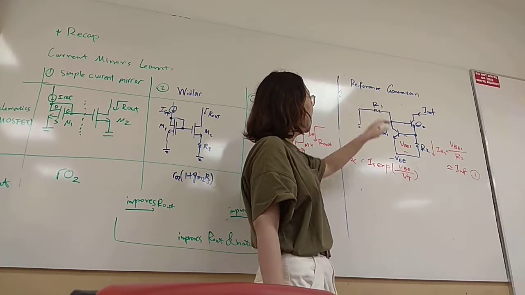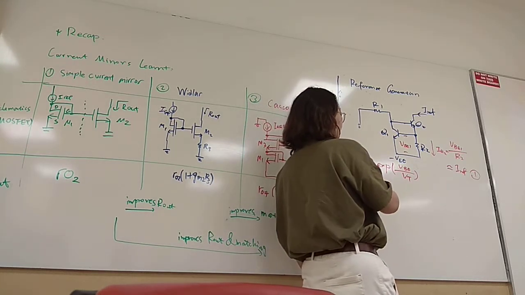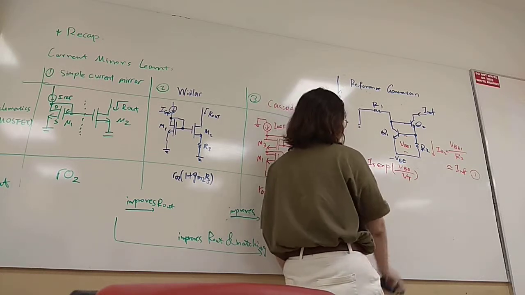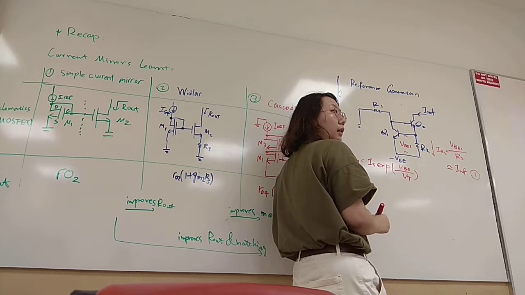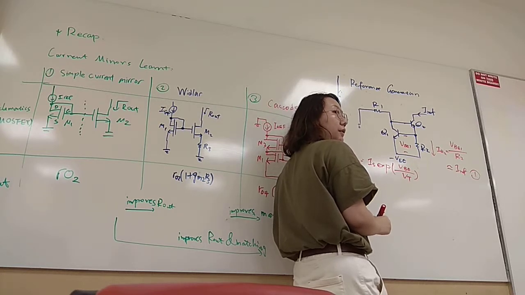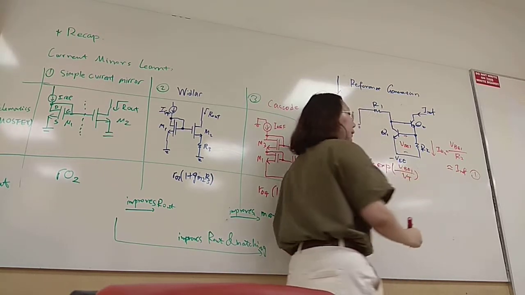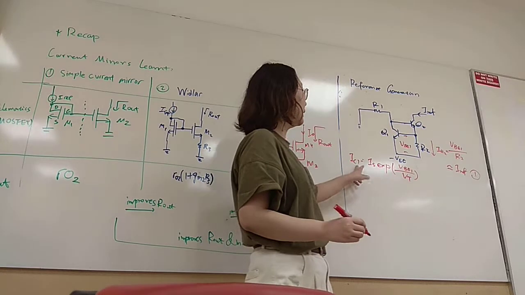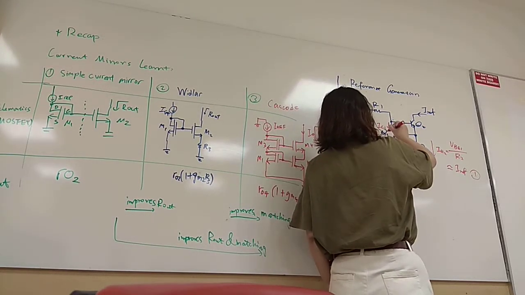So if you look at Q1, how to write its equation? IC1 equals IS exponential VBE1 over VT. Okay, so this is the equation for this current, IC1.